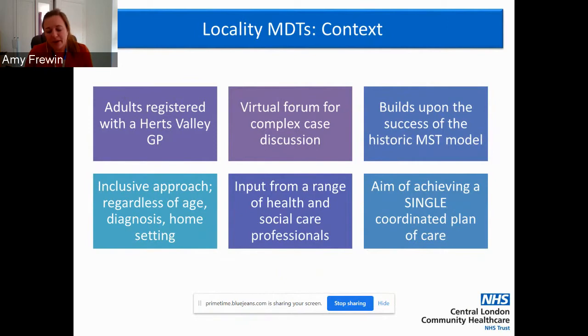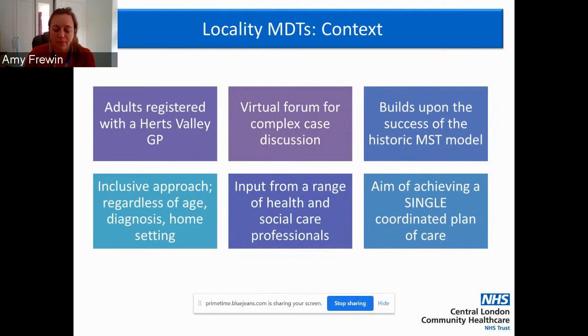So regardless of the person's age, obviously over 18, their diagnosis, so we are talking about people potentially registered with the adult disability services, for example, as well as those who access older people's services, and when we're thinking more about our frail population. And regardless of their home setting as well, so we are running two services in parallel at the moment, so supporting people at home, but also supporting people who are residing in care homes.